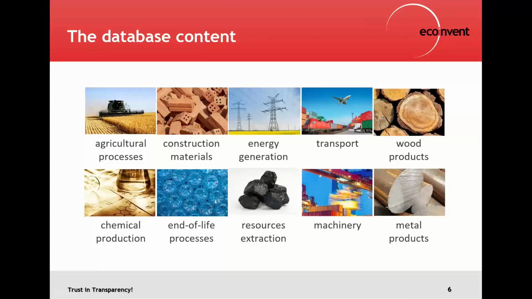As you can see here in the image, it covers agricultural processes, including crop production, construction materials, energy generation, including electricity and heat production, transport, wood products, chemical production, end-of-life processes, resource extraction, machinery, metal forming, metal products, etc. What I will be talking about today is the latest additions and updates that were made to the database during 2019-2020 and that were published in 2020.